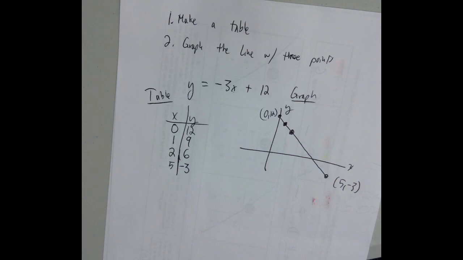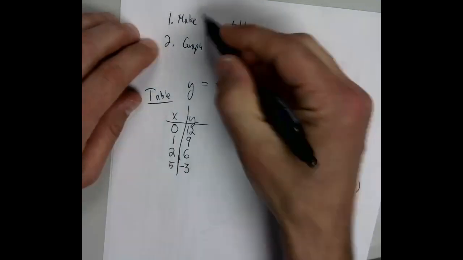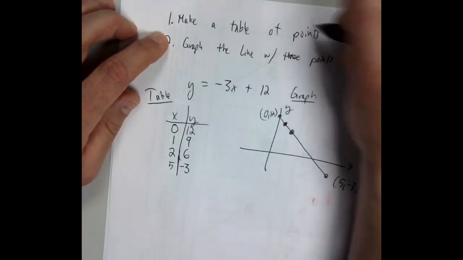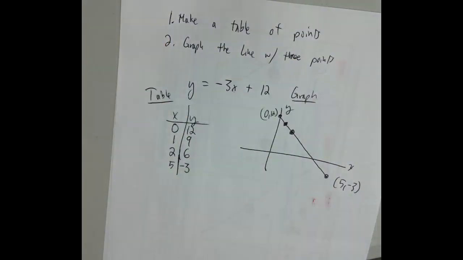When you get to Algebra 1, you will make the jump from the equation to the graph, and you won't have to do a table. Some of you may be able to do that now, but I don't expect you to in Algebra half. So for us, the technique is to make a table of points, and then plot the points in order to graph the line. That is what you're going to have to do on your test.